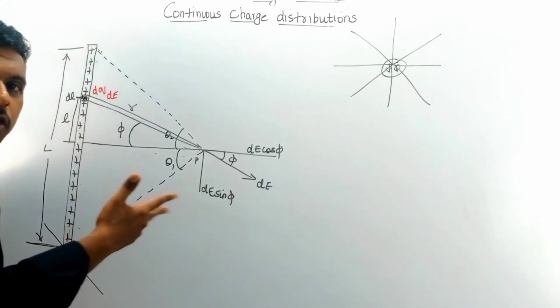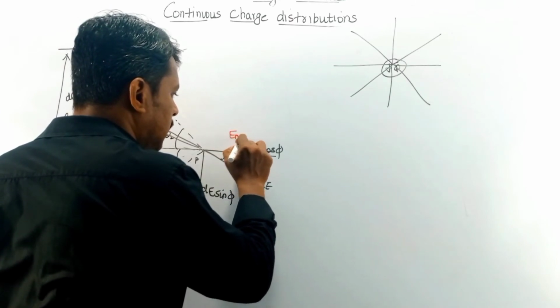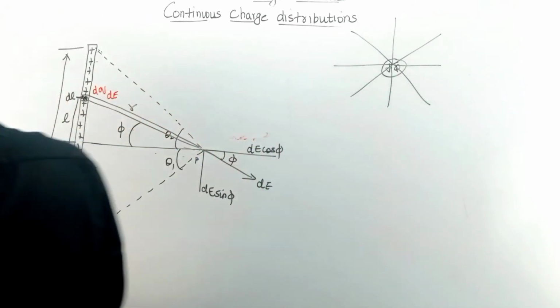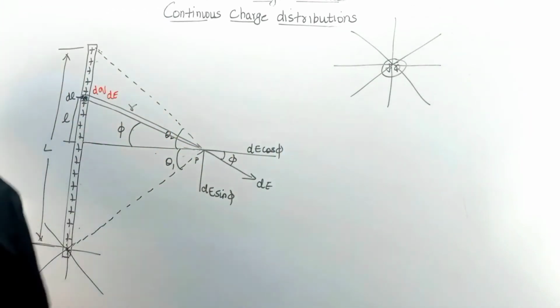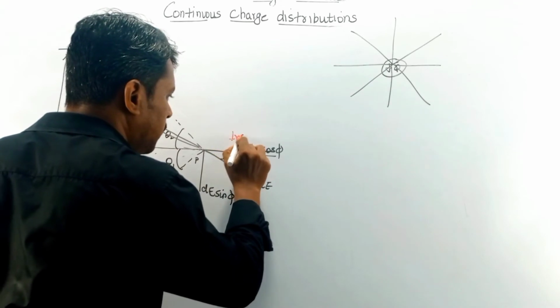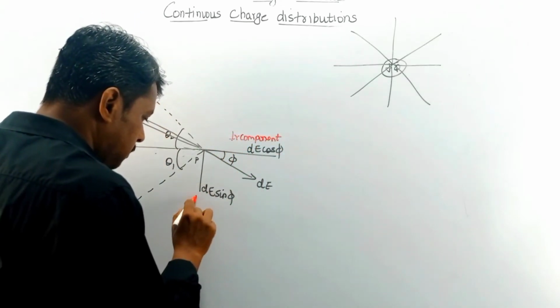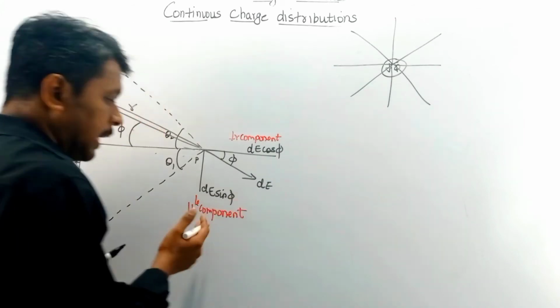We have to find these individually. One we call the perpendicular component of electric field, and the other the parallel component of electric field.